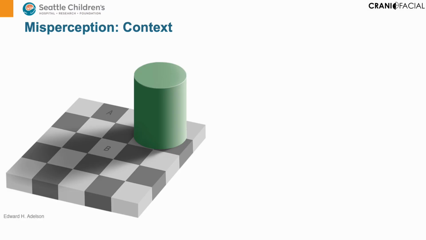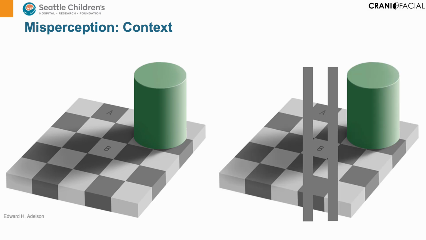So how did we get things so wrong? It may be a little bit of an optical illusion. For example, if you look at this image, the two boxes, A and B, are the same shade of gray, even though they don't look that way. It's the context that's throwing us off. And if we add references, we can see that A and B indeed are the same shade of gray.